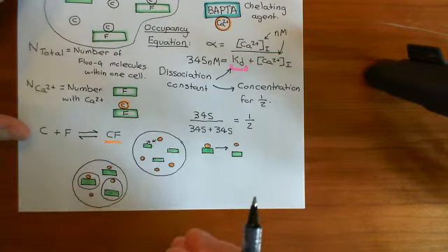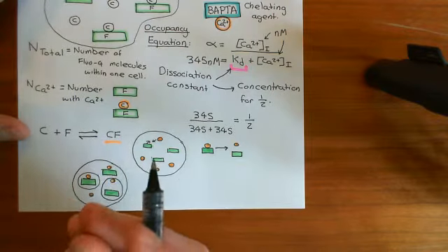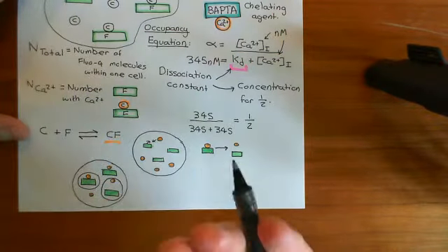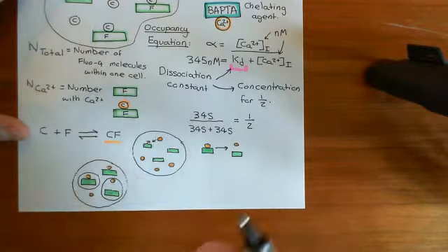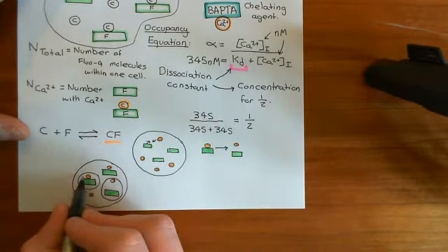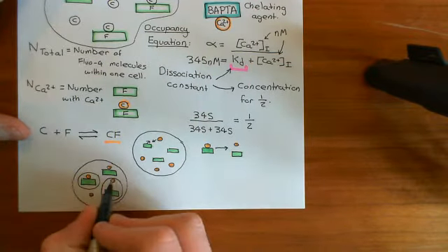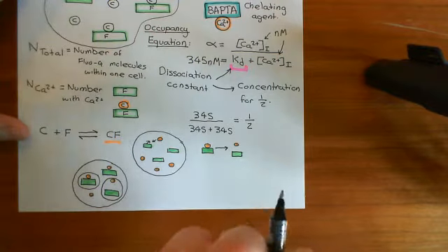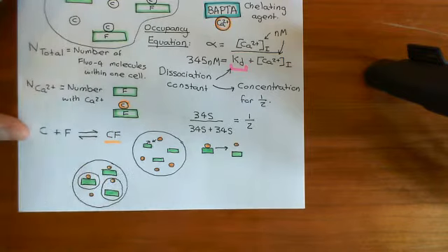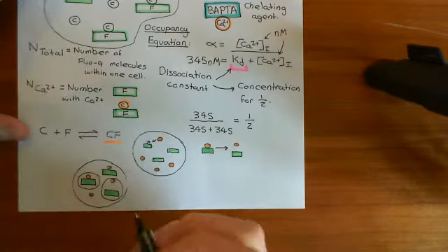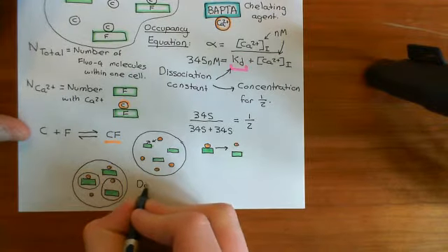So then you reach a point where the number of calcium Fluo-4 complexes doesn't actually change, even though you're continuously breaking them down and reforming them. The two actions cancel each other out so that you don't overall get a change in the concentration of calcium Fluo-4 complexes. Okay, that is the concept of a dynamic equilibrium.